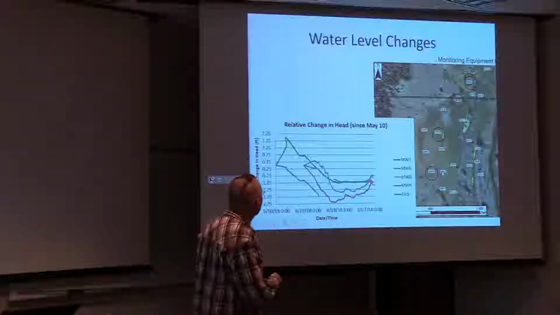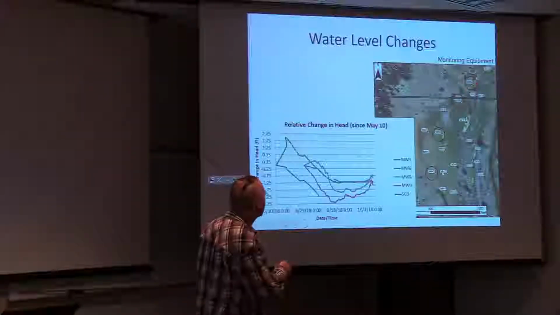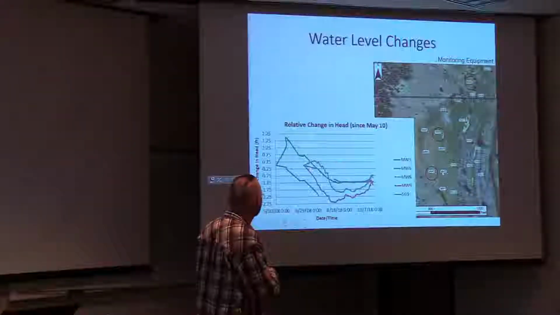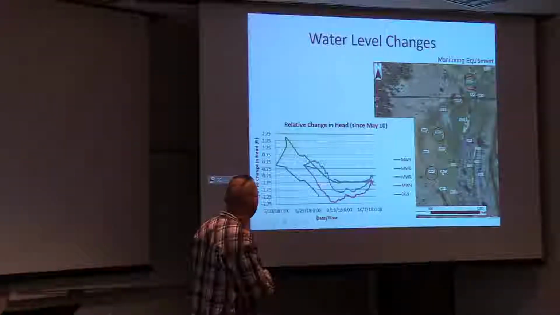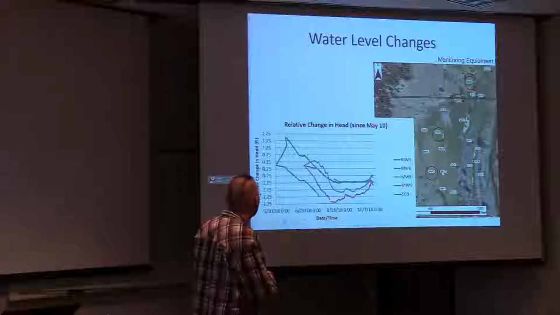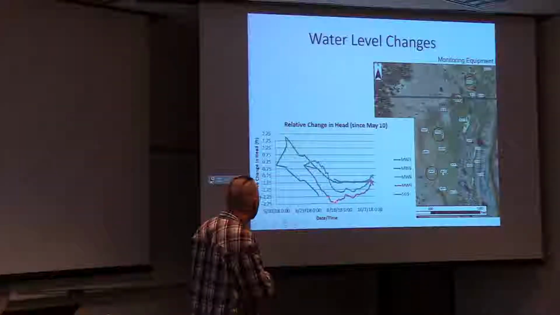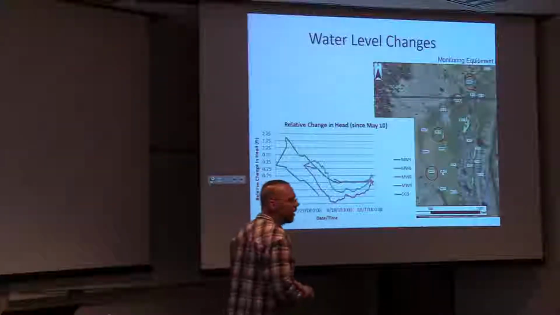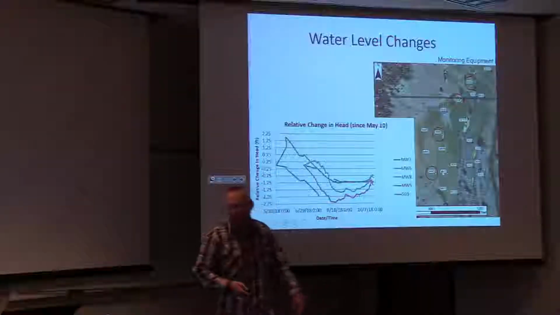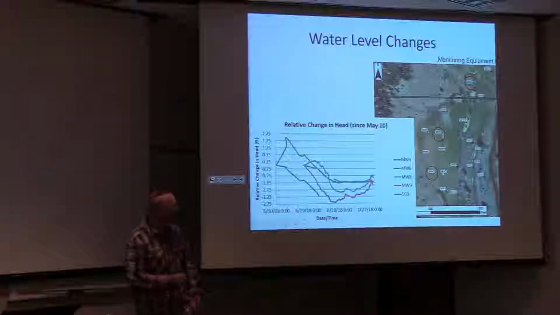And then MW9 is up on the hill where the main channel is, and you can see a decline from snowmelt. But a little after the 29th, you see a bit quicker of a response with increasing hydraulic head. So we're not sure about that, but it seems to be that way.